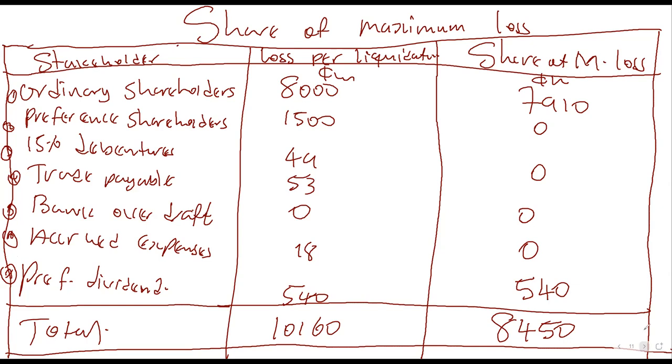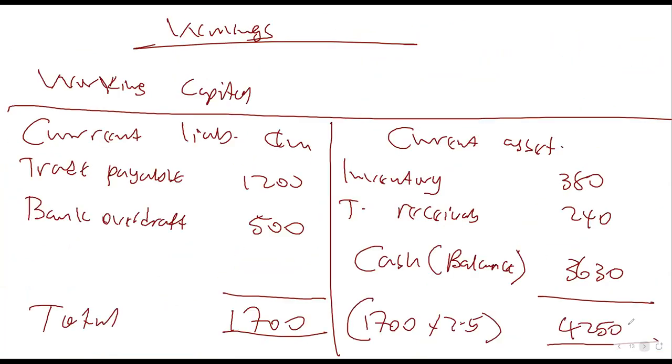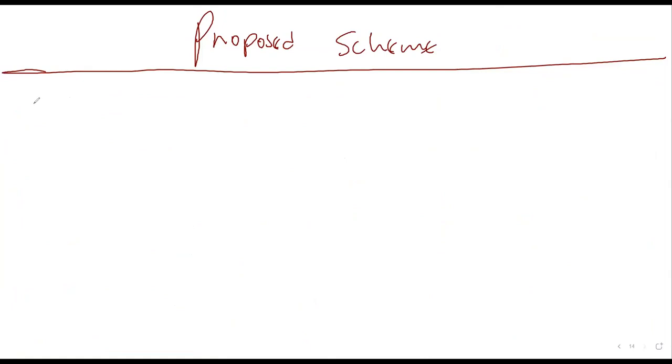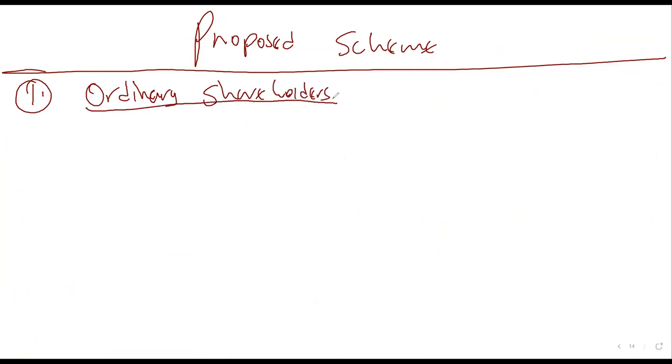So point 1, ordinary shareholders. Number 1 should be ordinary shareholders, you underline.